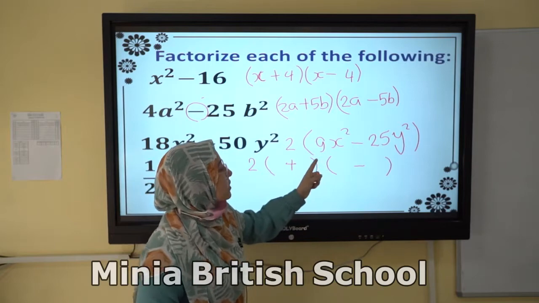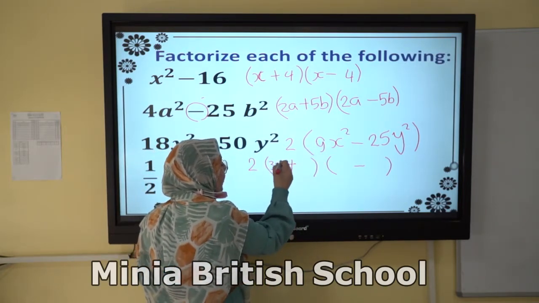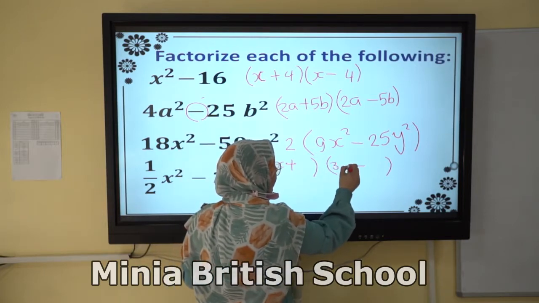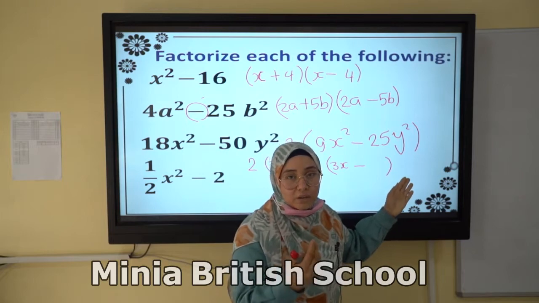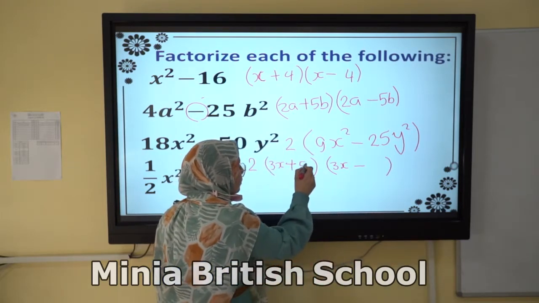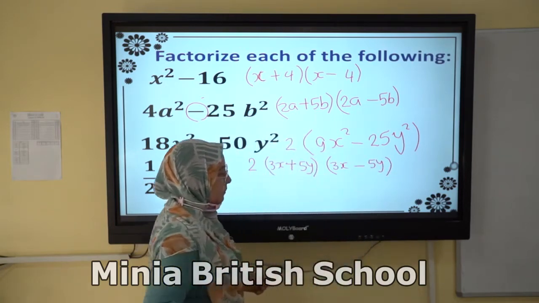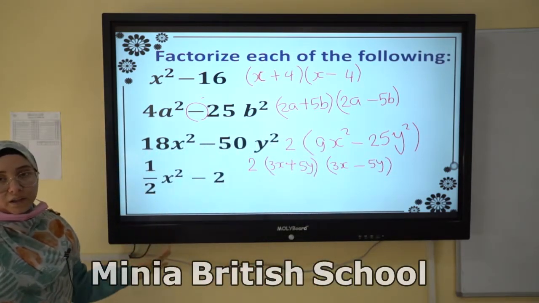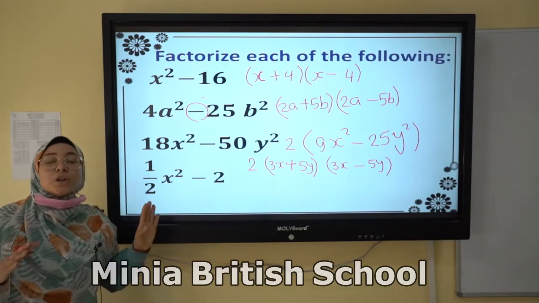The square root of the first term is 3x, and also here write 3x. In the second, the square root of the second term is 5y, and here 5y.